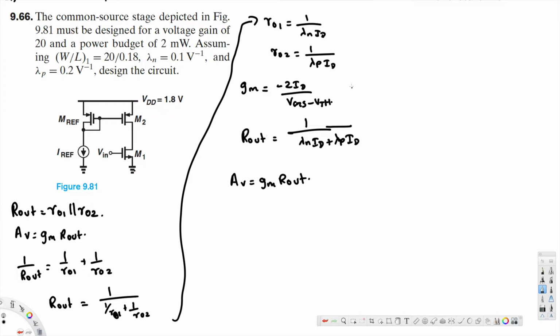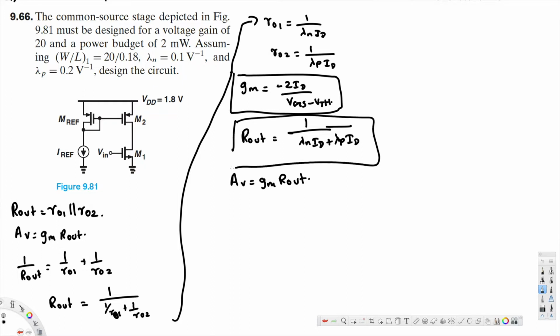Then here we have the equation for GM for a MOSFET, and here we have the R out equation we derived, because RO1 is equal to 1 over lambda n times ID, RO2 is equal to 1 over lambda p times ID, and we already created an equation for R out, that is 1 over RO1 plus 1 over RO2. So instead of R out and GM, we are going to plug these values.